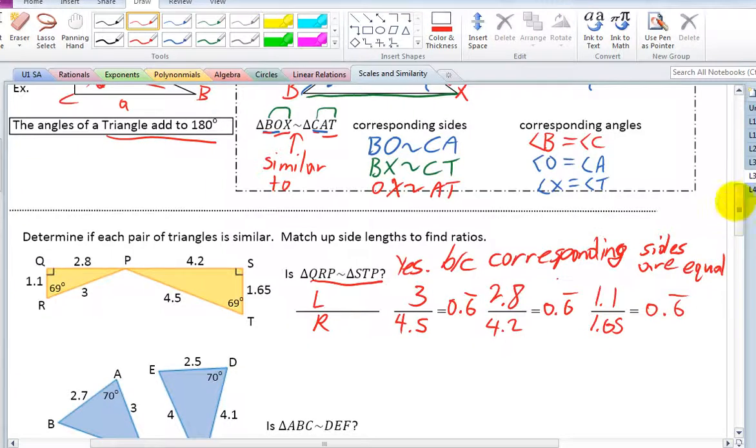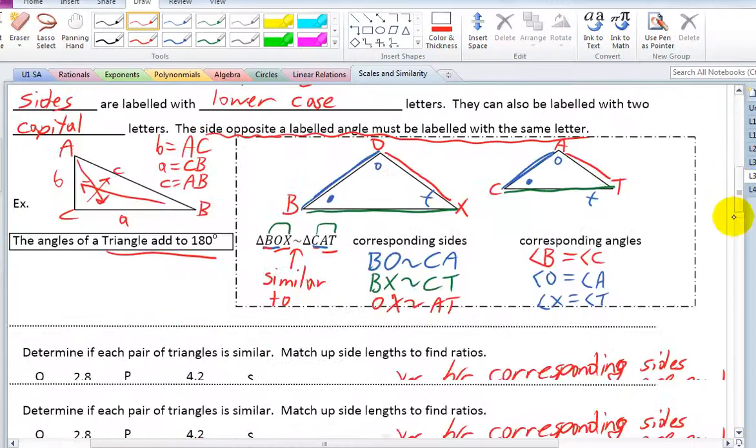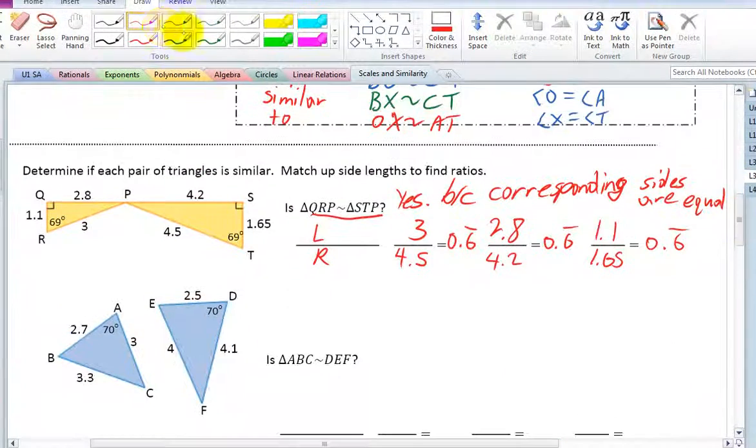Have a look at your other rule. Corresponding sides make equal ratios. That's what we tested. What would be so much easier to see? Equal angles. Find all the angles, please.